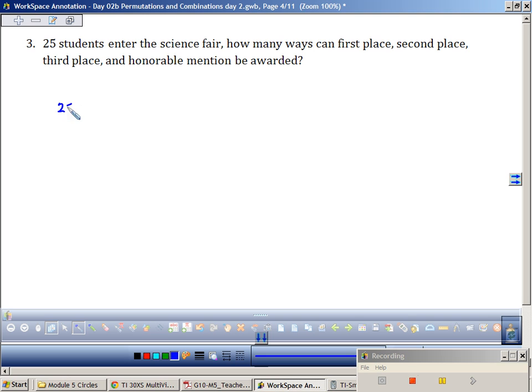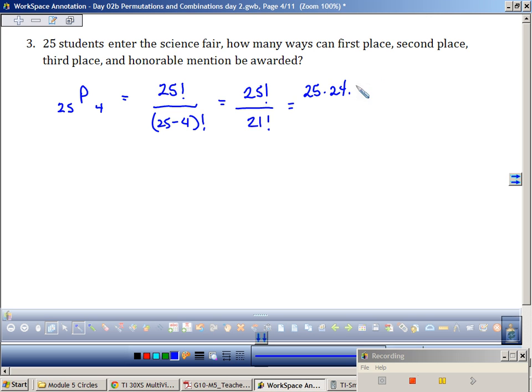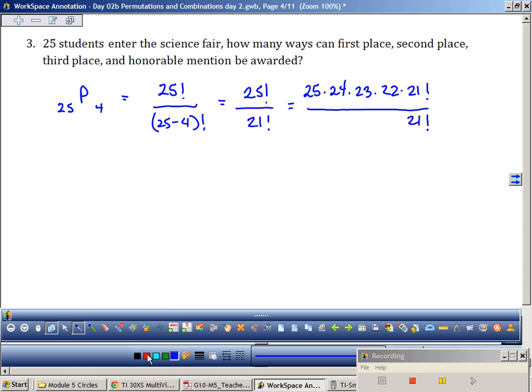This is a permutation, so it's going to be 25 permutation, and I'm choosing 4 different places, 1, 2, 3, 4, which equals 25 factorial over 25 minus 4 factorial, which is 25 factorial over 21 factorial, which is 25 times 24 times 23 times 22 times 21 factorial, all over 21 factorial.